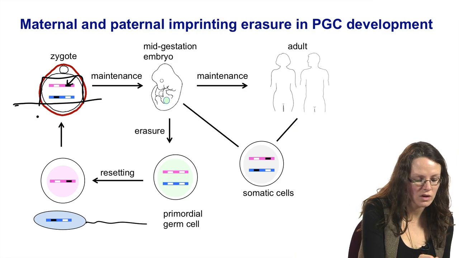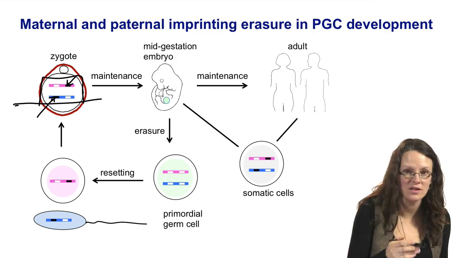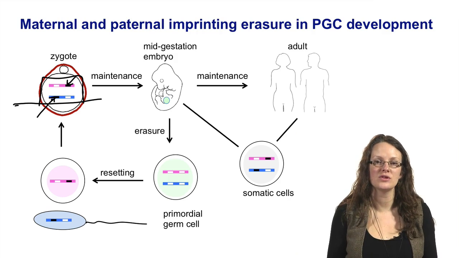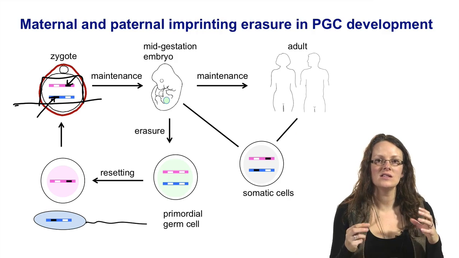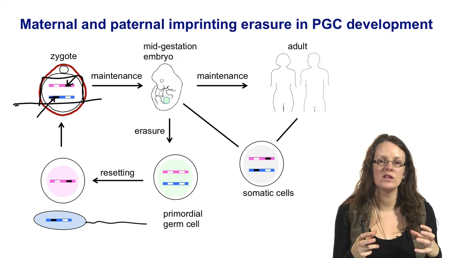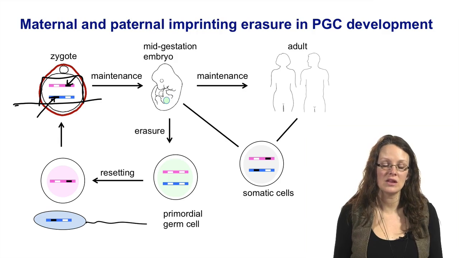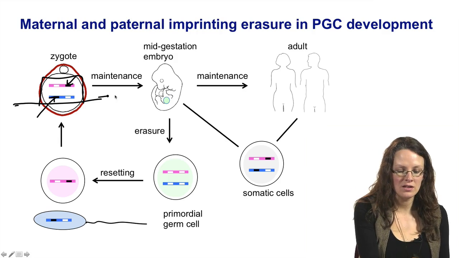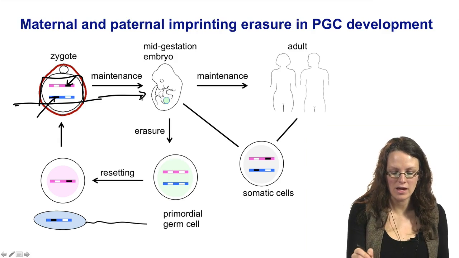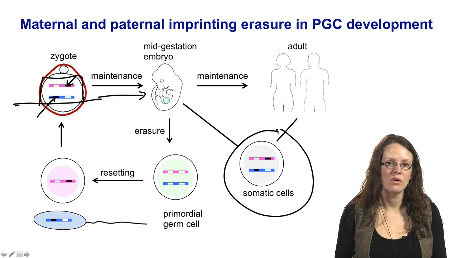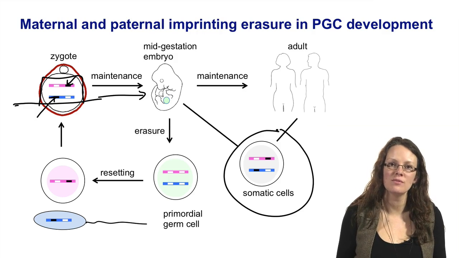But we have a second one that is methylated on the paternal allele, so it's paternally imprinted, and is unmethylated on the maternal chromosome. This difference in imprinted DNA methylation is maintained in the somatic cells of the embryo and, as shown here, in the somatic cells of the adult. But what happens in the primordial germ cells is very important.